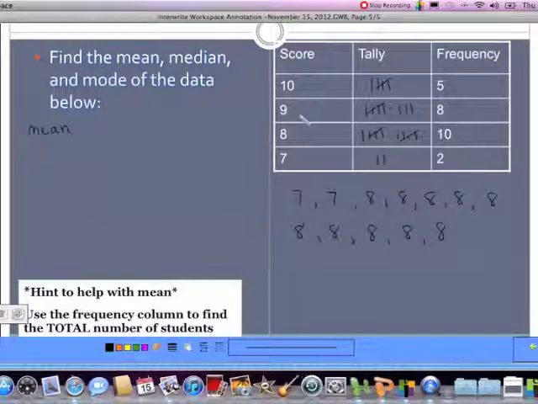All right, we have 8 players that scored 9 goals. So I'm going to write the number 9 8 times. And then finally, we have 5 players that scored 10 goals. So we are going to write the number 10 5 times.